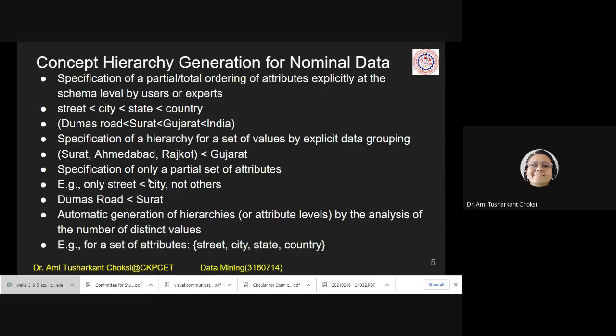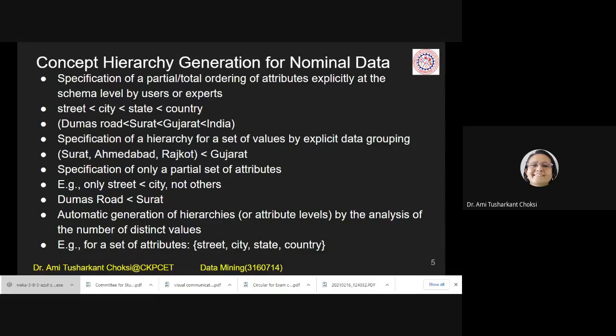Specification of only a partial set of attributes. Only street is less than city, isn't it? For example, Dummas Road is less than Surat. It is but obvious, isn't it? Because Dummas Road is part of the city.